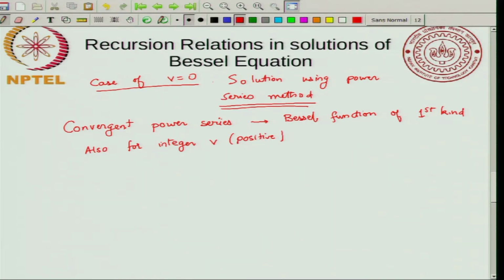When you take R1 equal to v greater than 0, you take the absolute value of v. Now this power series also leads to a convergent series. This power series is also called the Bessel function of first kind.